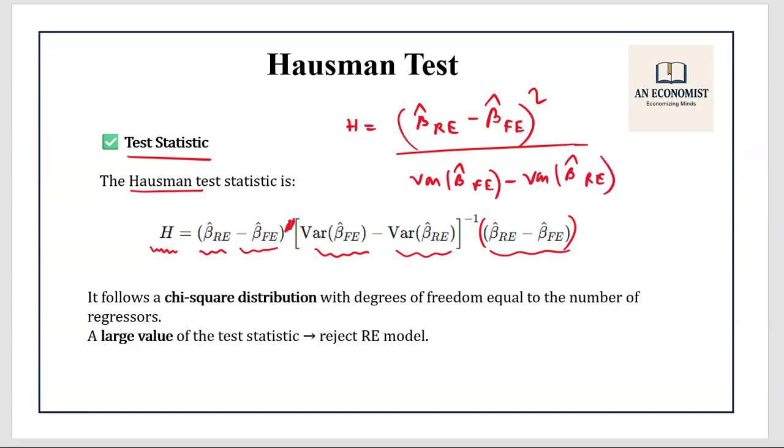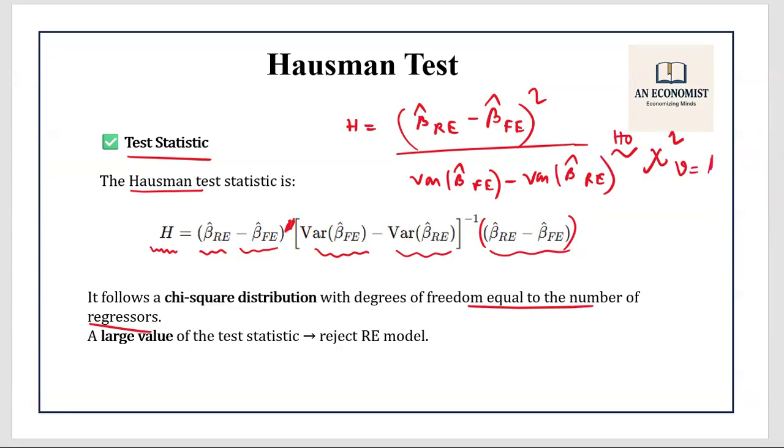Under H naught, this statistic will follow a chi-square distribution with V degrees of freedom, where V is nothing but the number of regressors present in our model. If you have only one regressor, it will be one; if you have two regressors, it will be two, and so on.